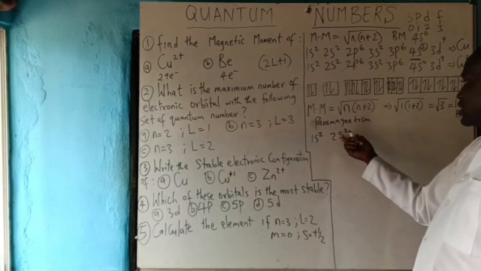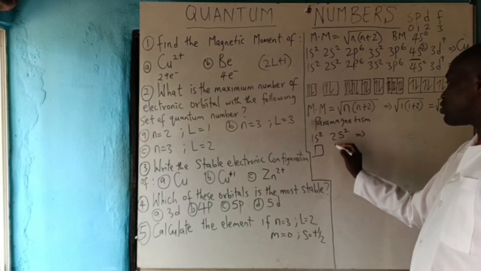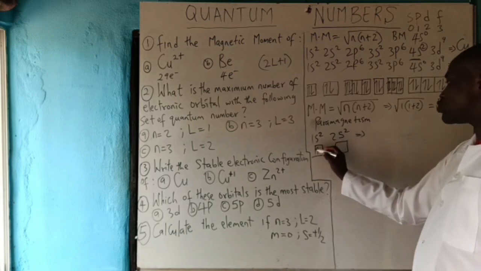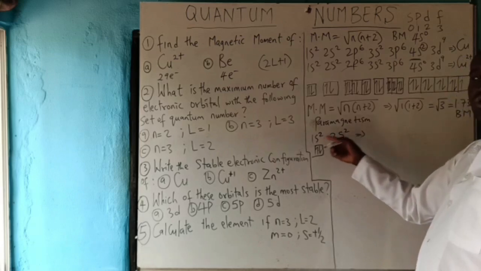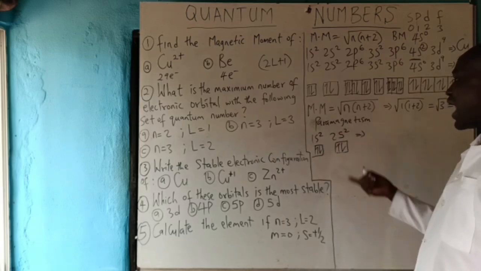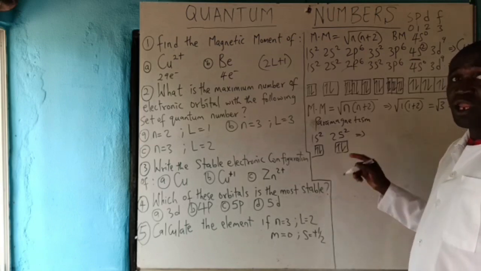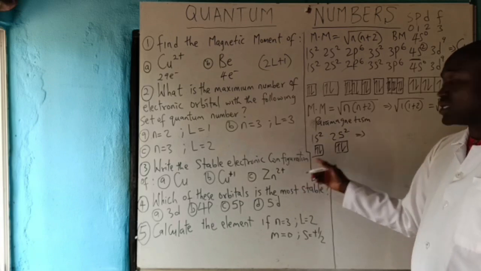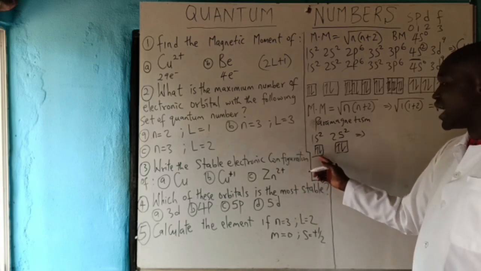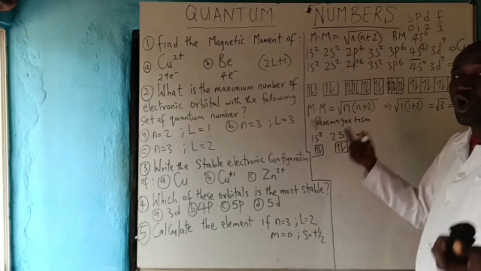This is 1 orbital, and this is paired because it's filled. So this is paired, this is paired. How many unpaired orbitals does it have? None. Everything is paired; the spins there are paired. So no orbital is unpaired.